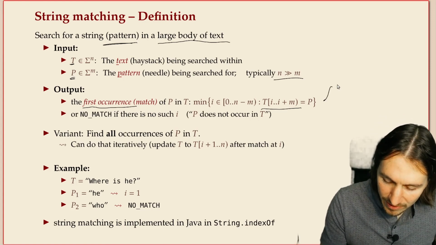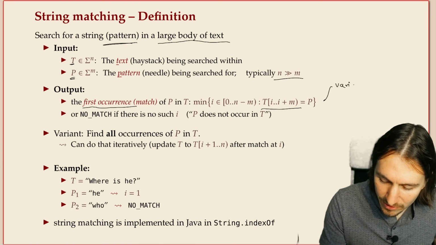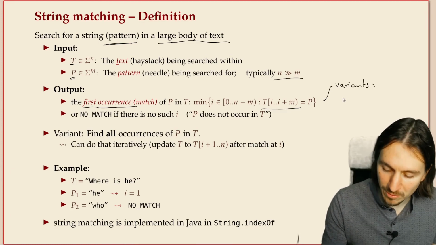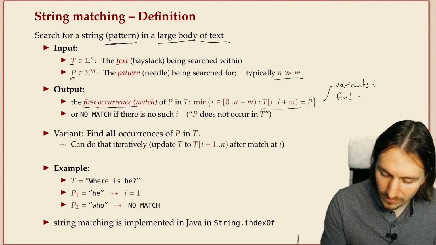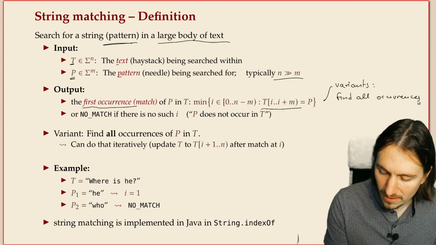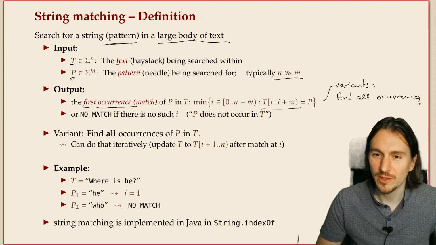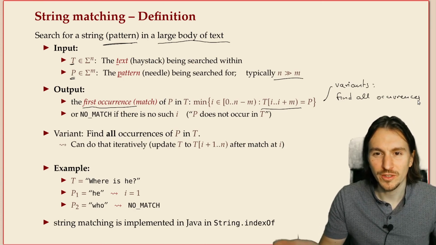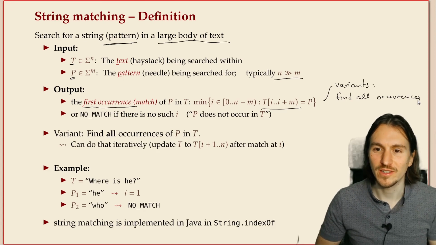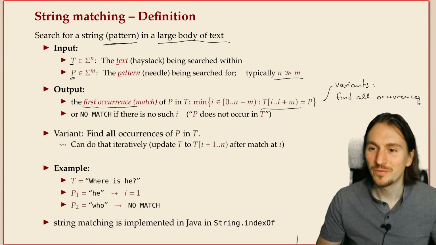I should say that there are variations of the problem, which could be find all occurrences, or some variations where you start at a certain position in the text. Starting at a certain position can formally be just treated as giving in a different text.